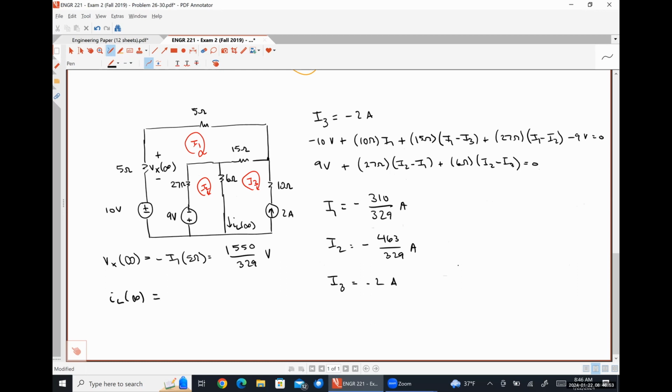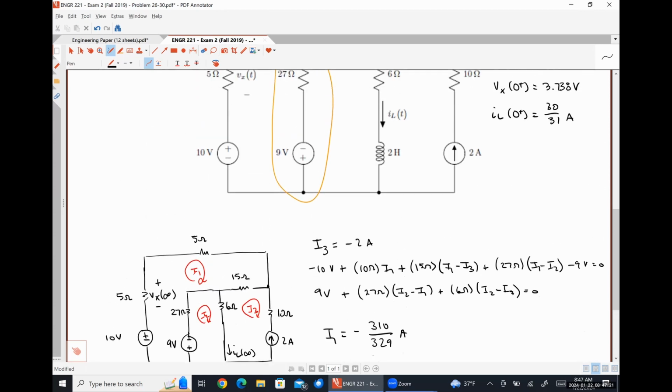IL at infinity is I2 minus I3. So negative 463 over 329 minus negative 2 comes out to be 195 over 329 amps. Let's write this down.